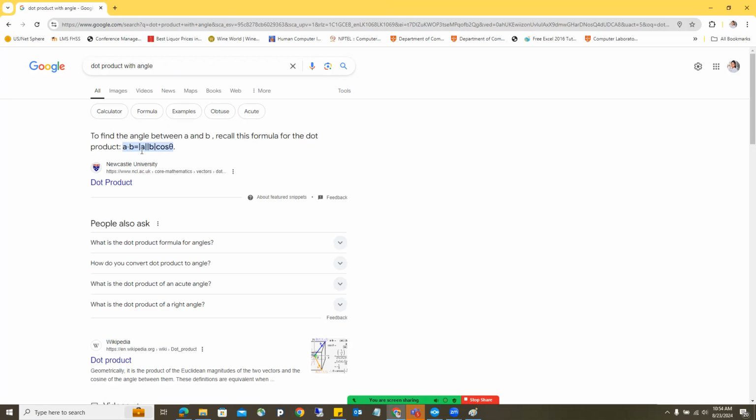Here A and B are vectors. Theta means the angle in between these two vectors.